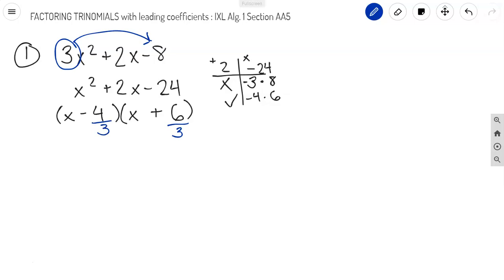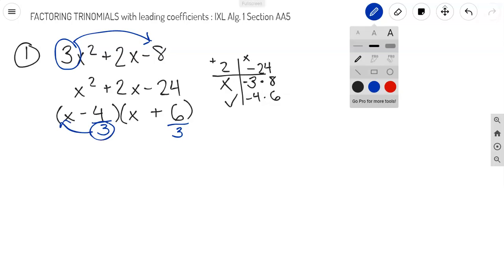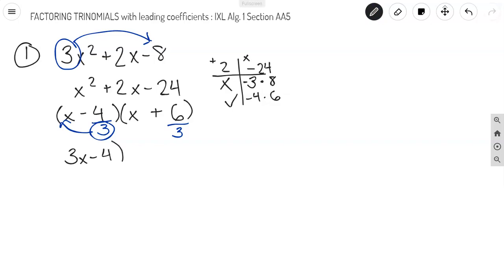Now I look at each term. 4 divided by 3. Can I simplify that? No. Because I cannot simplify that, I'm going to slide the 3 in front of the x. So that's going to give me 3x minus 4.